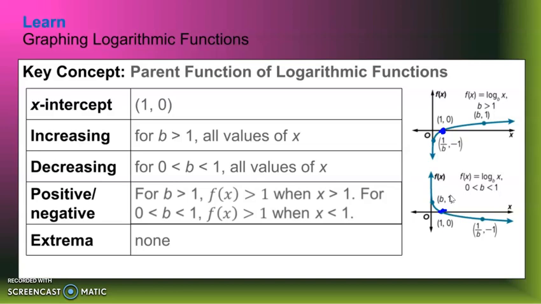Positive and negative mean when it is above the x-axis and when it is below. It's positive when x is greater than 1, so to the right of 1, it's above the x-axis. When x is less than 1 but greater than 0, it's below the x-axis. And then the extrema: we don't have any extrema because the range is all real numbers.